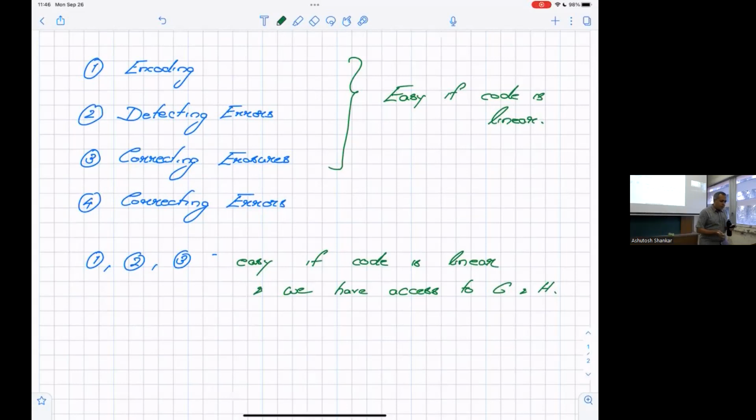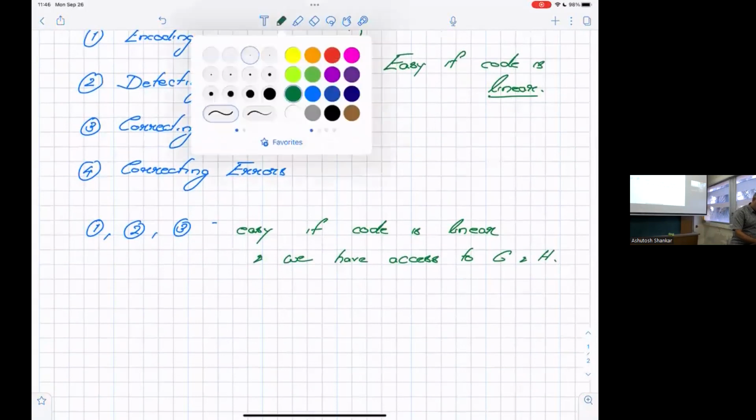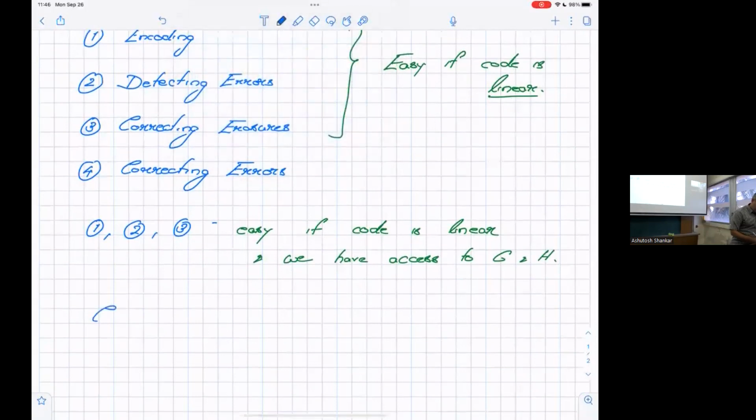Yep. Code is linear. Now let's go. The focus will be on codes. Most of our issues will be about error-correcting things.